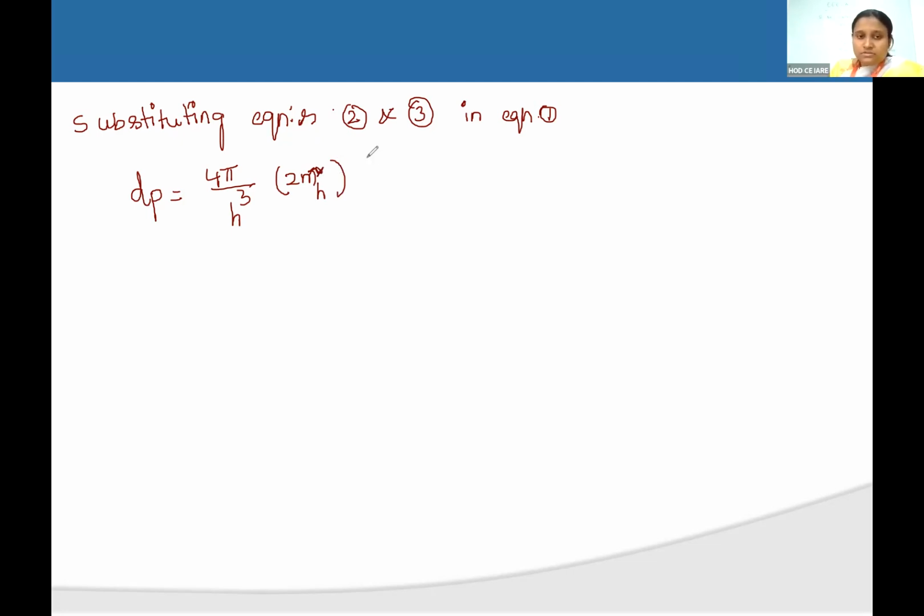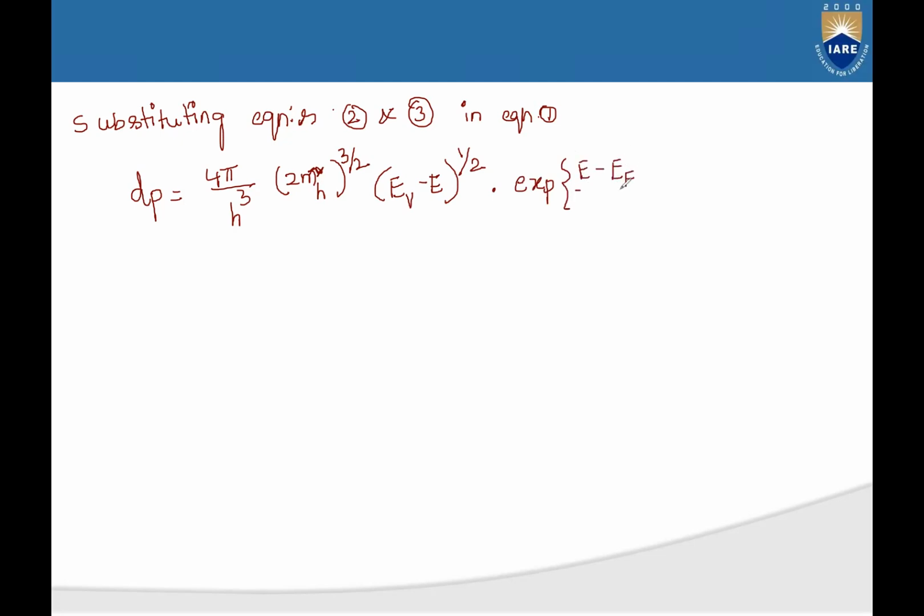You start doing it in your notes. What is mh star? It is the effective mass of hole. After that, we have EV minus E whole to the power of half, into 1 minus f of E, which is exponential of E minus EF by kT, dE.